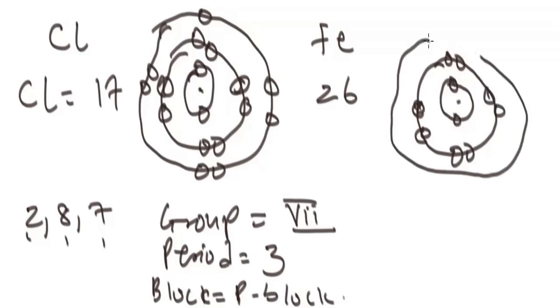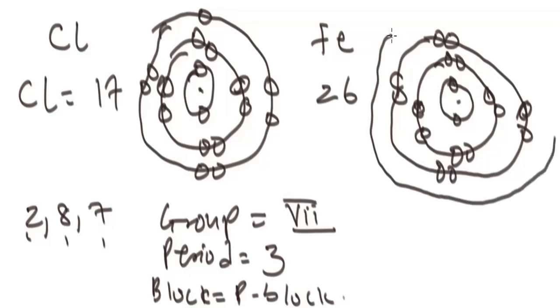This is the third shell. We have 2, 8, 8, that's 10 plus another 8, that's 18. So let's do the fourth shell: 20, 22, 24, 26.